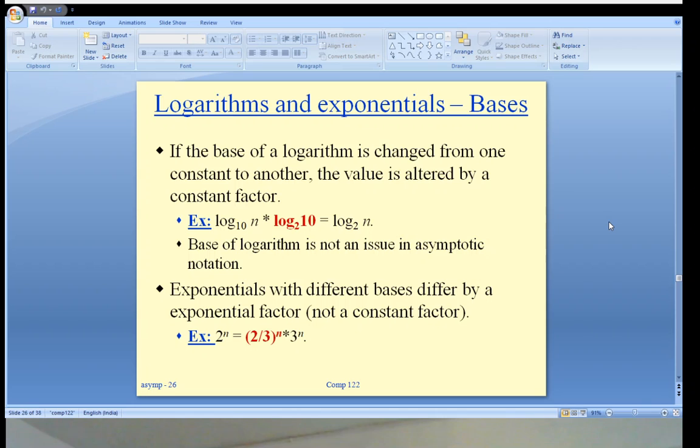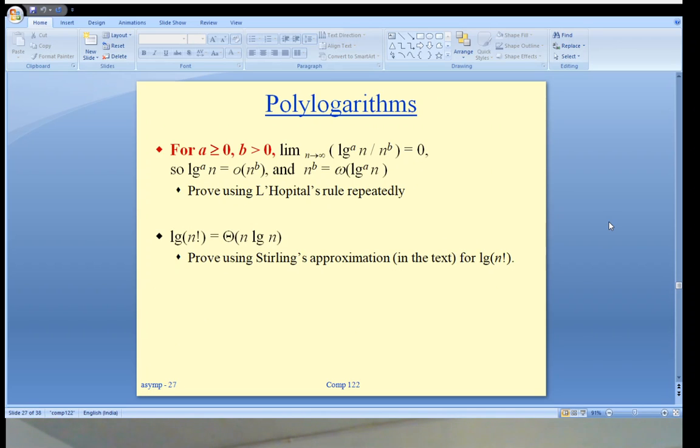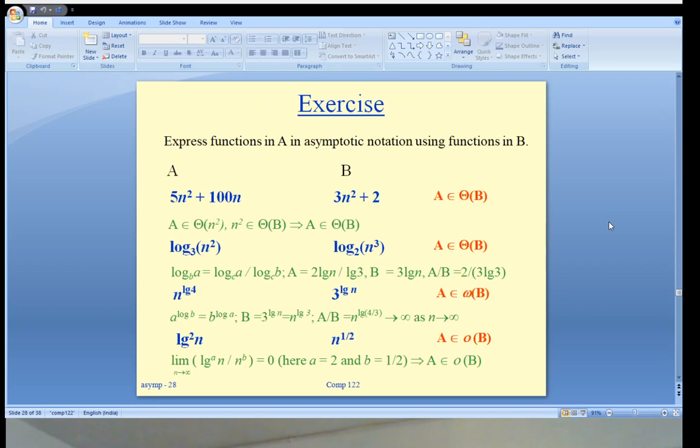Exponentials differ as well. And log of n factorial is equal to theta of n log n. These are a few of the rules that you should know.